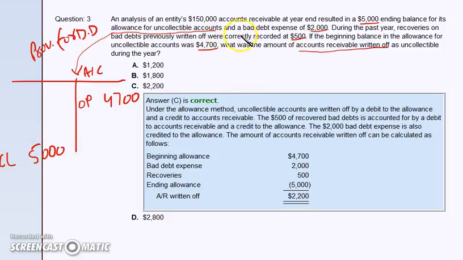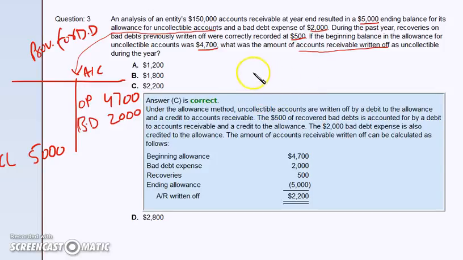Okay, now in the data it's mentioned that bad debt expense of $2,000, right? So this $2,000 is basically going to come over here. This is the bad debt during the year. Now why is this coming over here? This is like a double entry. I'm just going to write in front of you the double entry for this.